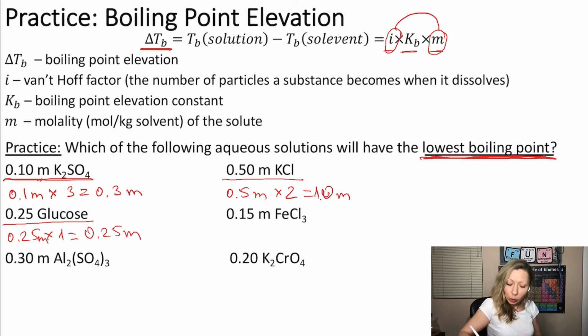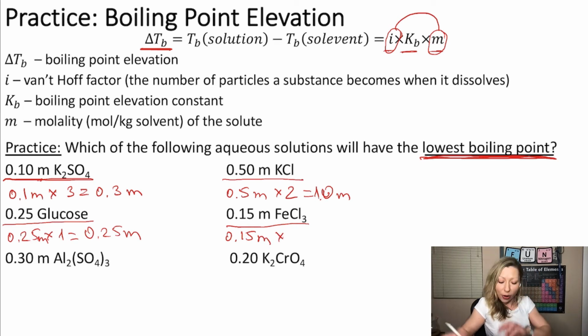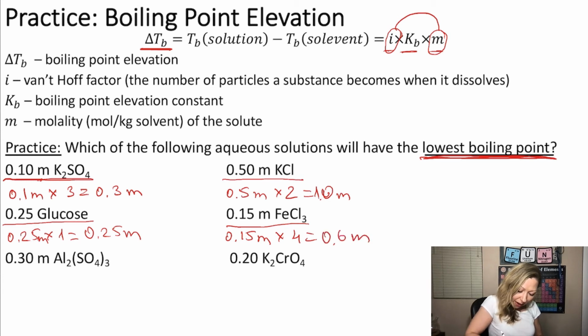All right, let's move on. 0.15 molal iron(III) chloride. So 0.15 multiplied by how many particles? 4, right? 1 Fe3+ and 3 Cl-. So this is going to give us 0.6 m. Then we move on to aluminum sulfate here.